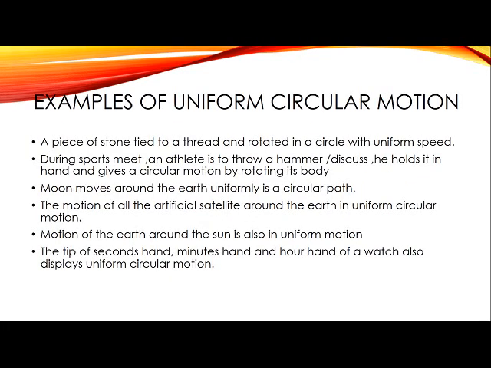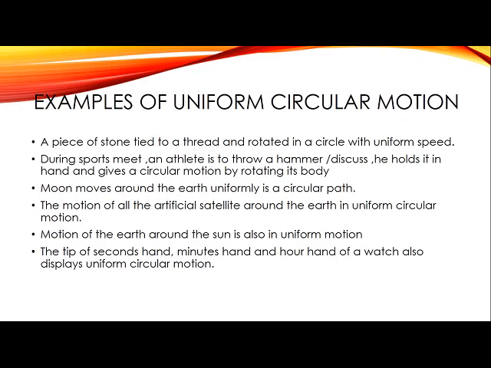Children, let us go through some very common examples of uniform circular motion in our day-to-day life. A piece of stone tied to a thread and rotated in a uniform circular motion, right? Now children, sports day, I hope you remember. During sports day, we have many events and some of the events are hammer and discus throw.